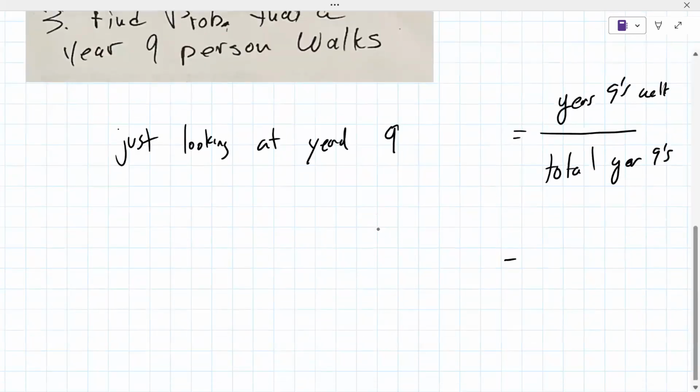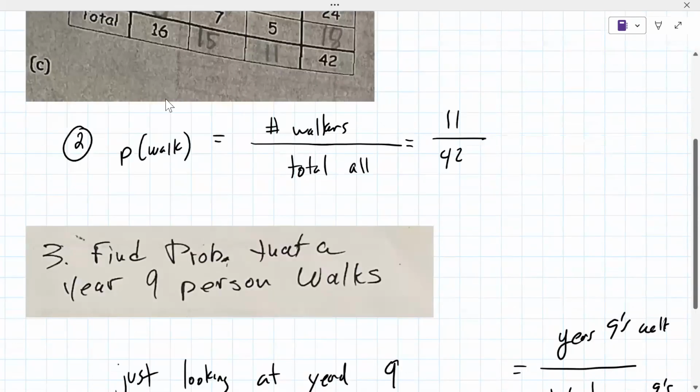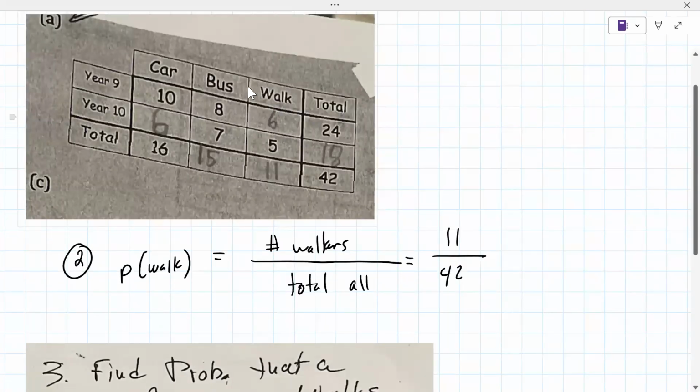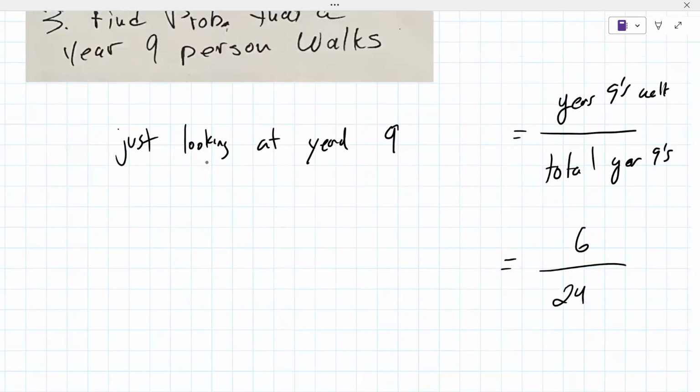Year 10 is 18. Now, how many of the year 9s walked? They walked 6. 6. Good. All right. So can you reduce that fraction for us? Like make it into an equivalent fraction?